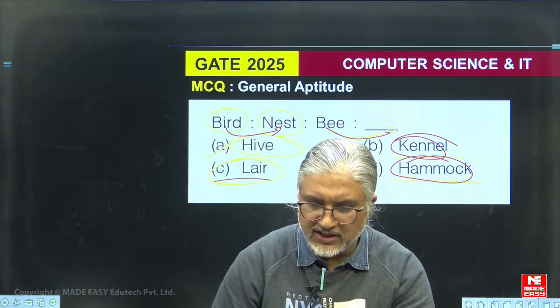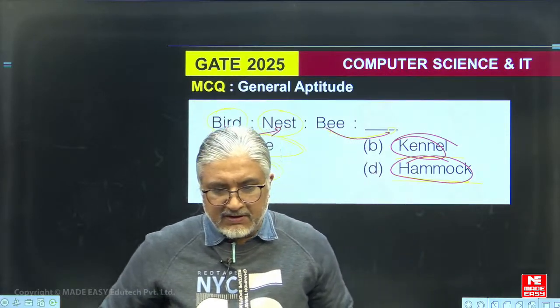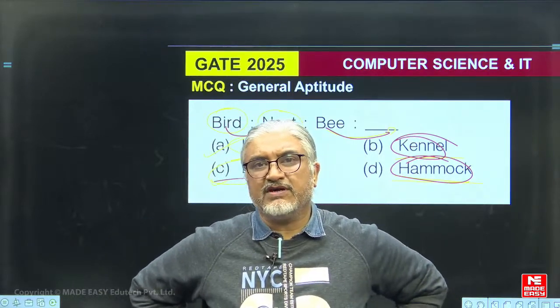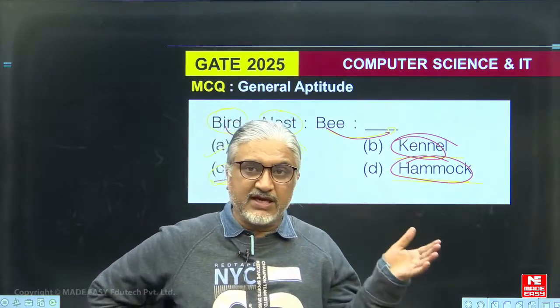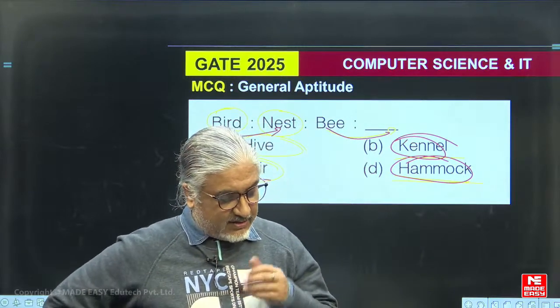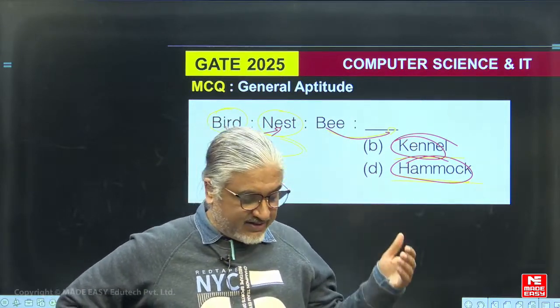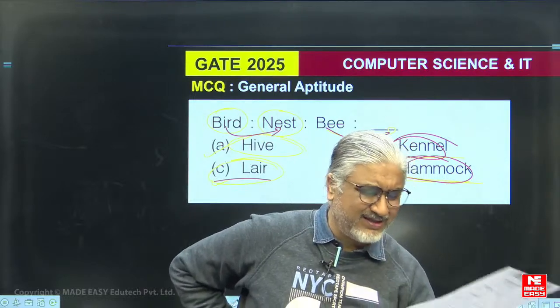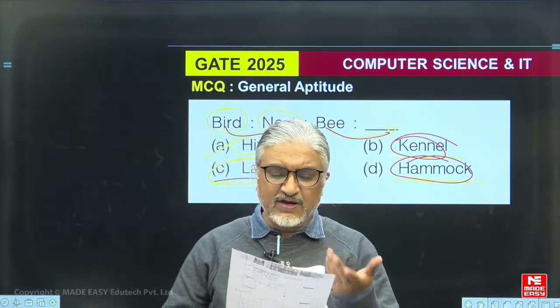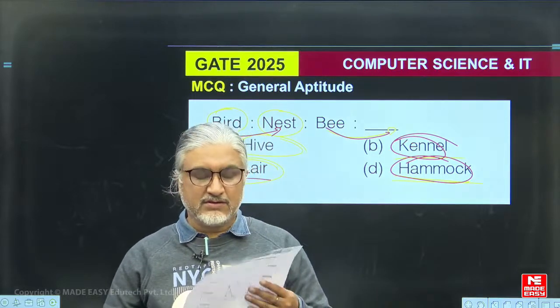In the morning shift, the questions were a bit more on the easier side, and students have sent the questions correctly, right? Much more in a better way. In this shift, a lot of questions have options missing, somewhere values are missing, somewhere the diagram is missing.